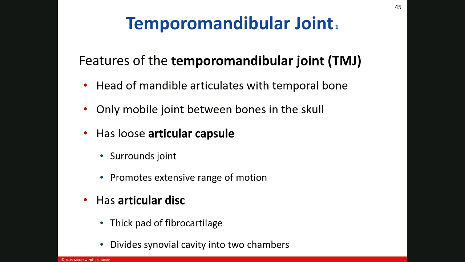But what I really appreciate about this joint is not only does it have an articular capsule, it has its own little disc. We don't really talk about it that much. When I was telling you all the places that you find fibrocartilage, it's just that it's not exciting enough to mention. But in your temporomandibular joint, you have a disc there. The important aspect of that, yes, it's made of fibrocartilage, but it divides that synovial cavity into two chambers. I've seen that asked on a test before.